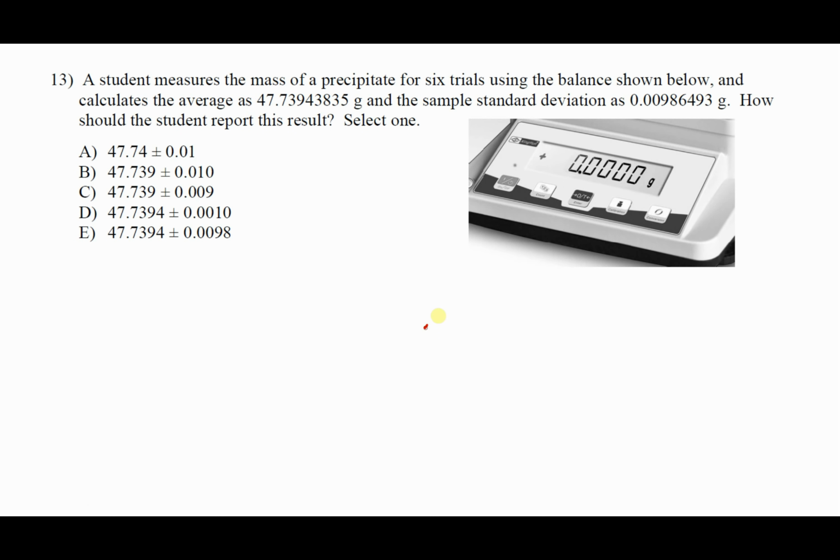So this is going to be 0.009, but that 8 will have it round up. And now it begins with a 1, which means we have to keep 2. Rule 2, this must match our error. So 47.7394.